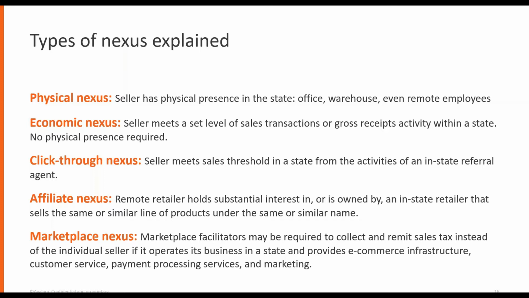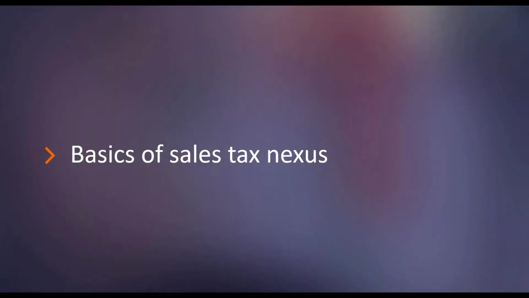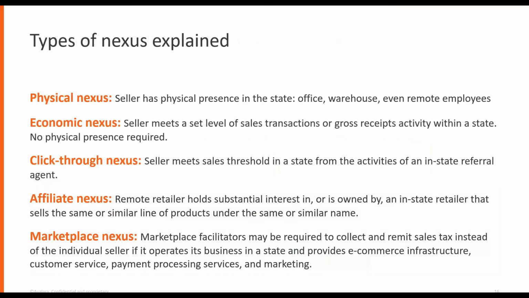So think of Amazon, Etsy, eBay, those types of organizations serve as a marketplace. And this is a type of nexus that was really a result of the South Dakota versus Wayfair ruling a couple of years ago. And we'll go into that a little bit more further in the presentation. But if you're selling through marketplaces, there are specific laws in certain states, and not all states have marketplace facilitator laws.